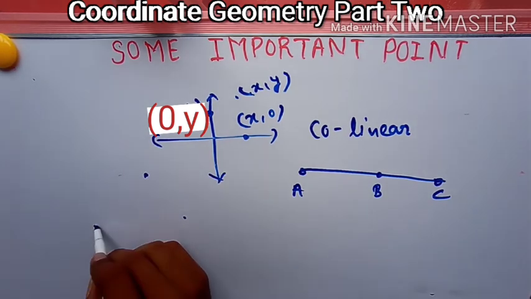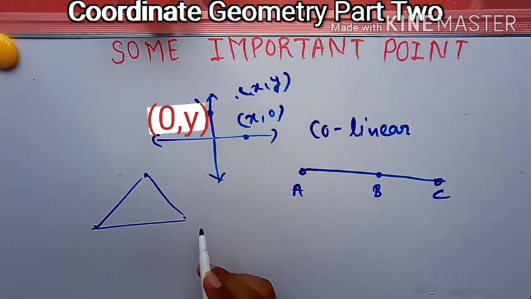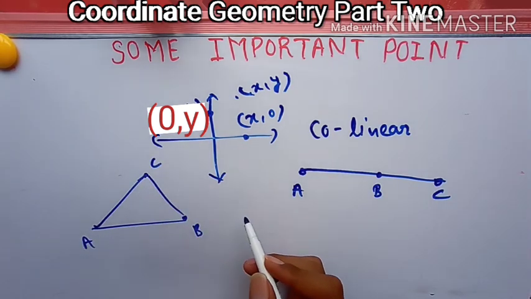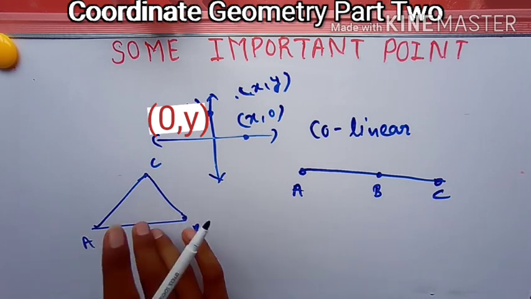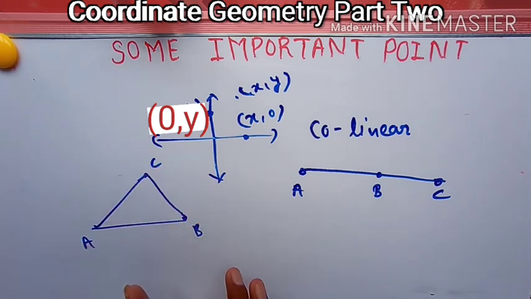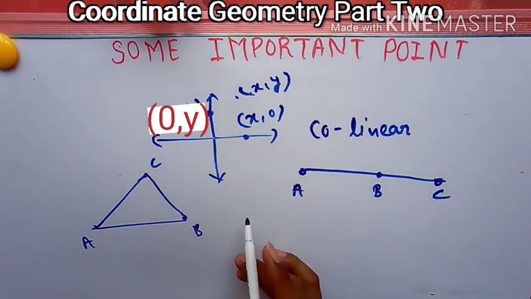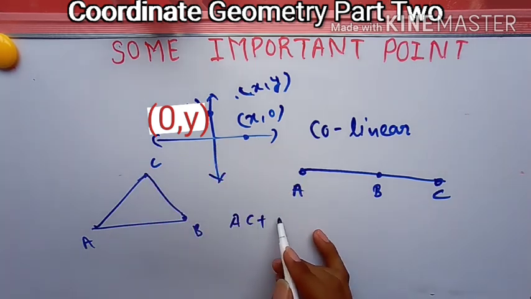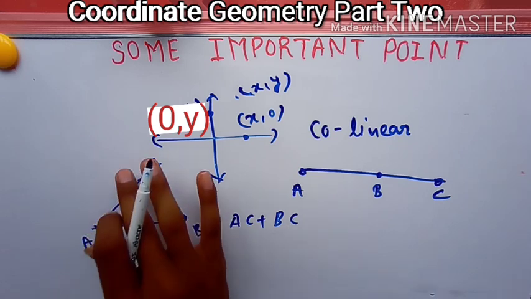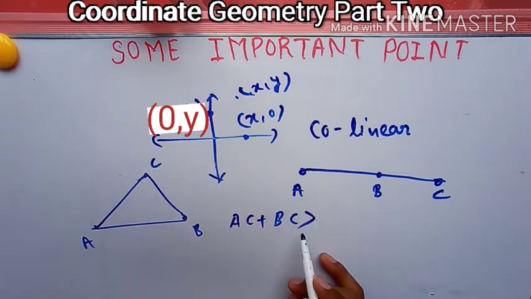Suppose this is a triangle. Very good. A, B and C. When I add two sides, AC plus BC, these upper two sides will always be greater than AB.